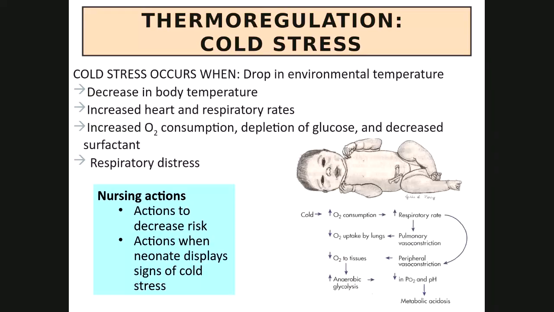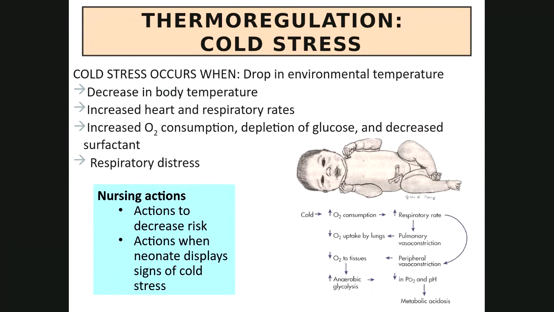So you can see that having a cold, wet baby will lead to a cascade of problems. When the baby can't thermoregulate, it's called cold stress. When there's a drop in the environmental temperature, or in the baby through conduction, radiation, convection, the baby's temperature drops.